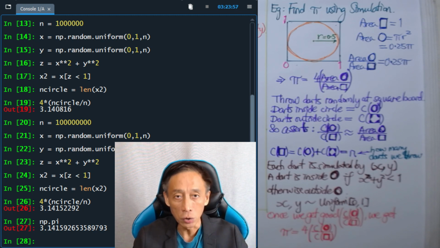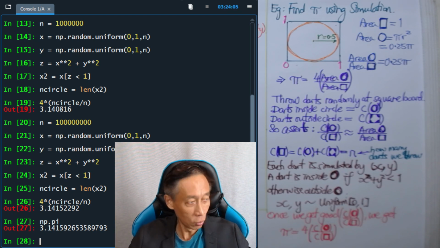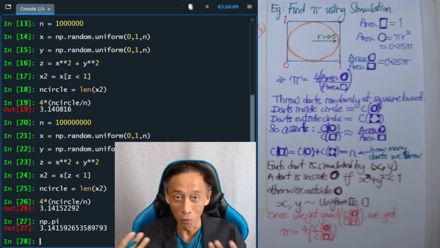Next is about the cost. Simulation is not cost free. There's no free lunch. It seems like, oh, you just let the computer run and you get the result. You set n to be larger, go for your lunch. If you can, go for holidays for 10 days, then come back and your pi will be 10 decimal places accurate.